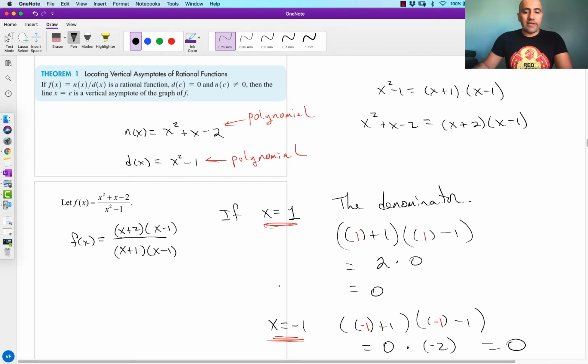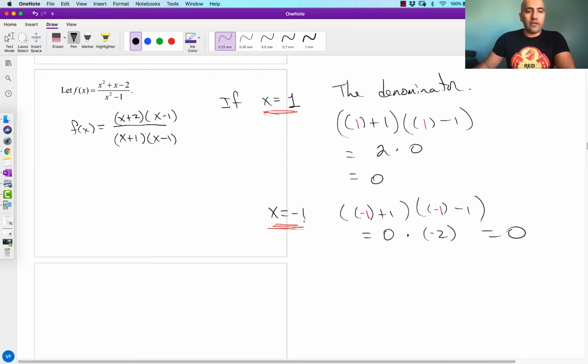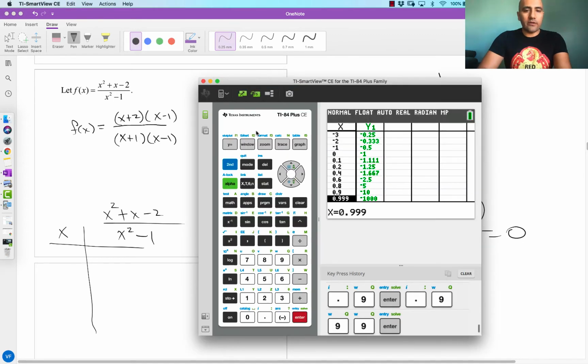So if we want to investigate what's happening here, let's look at this function near that by using our calculator and plugging in values close to negative 1. So we want to create a table of values where we have inputs and we have our f of x, x squared plus x minus 2 divided by x squared minus 1. And we want to start plugging in values that are close to negative 1. So let's go to our calculator.